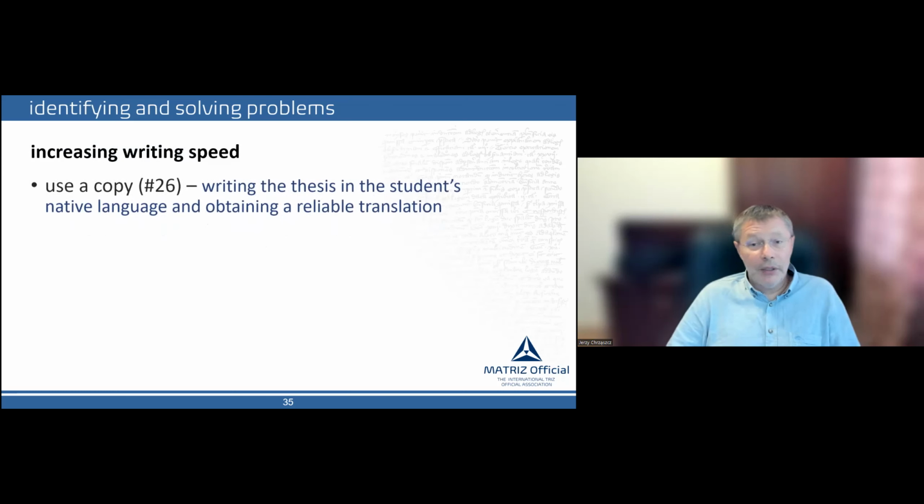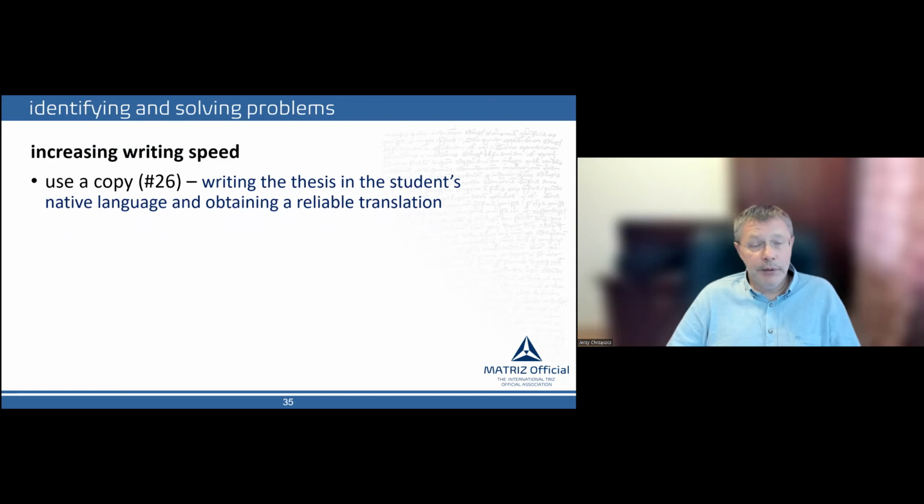Therefore, instead of plagiarism, the copy principle may be employed in a different way. For instance, to increase productivity by translating text written in the student's native language, and AI is good at it. So the work is easier and the outcomes are good enough.